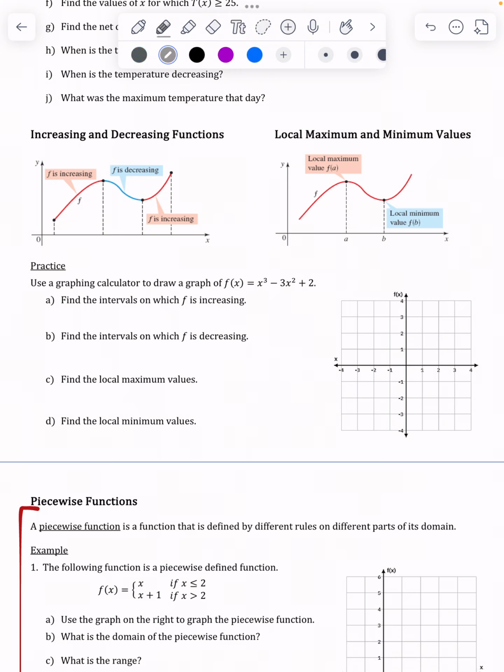And so if I look at this graph, if memory serves, again, put this in y equals. And I believe it looks something like this.